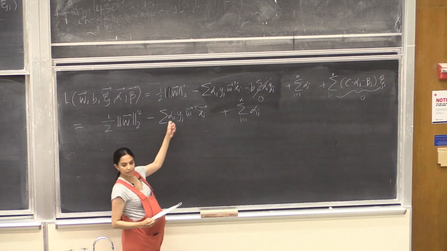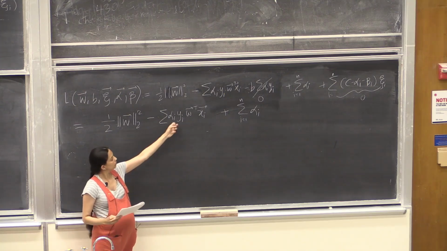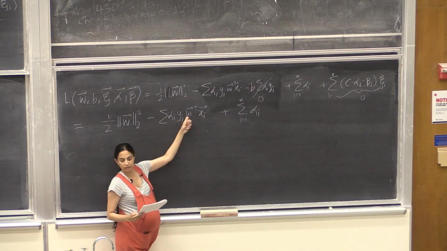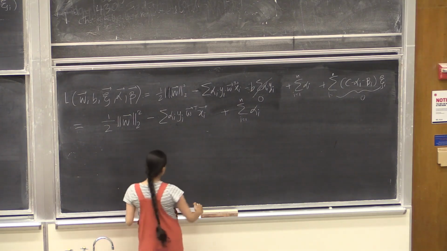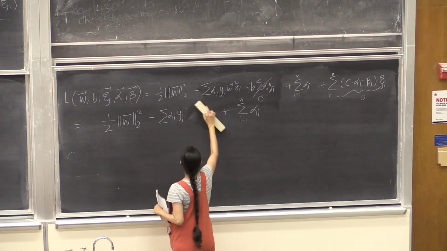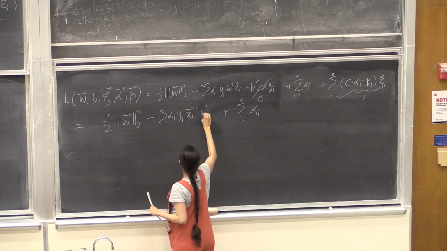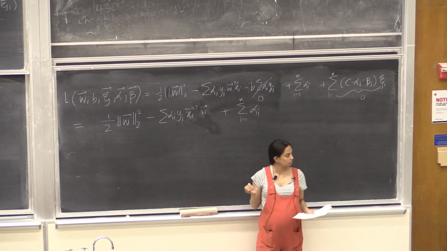But we do have something that is showing up of that similar form here. So this W transpose Xi, can I rewrite this in a different way? Can I write this as Xi transpose W? That's totally legitimate, right?